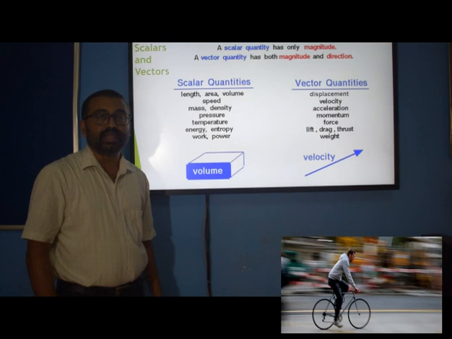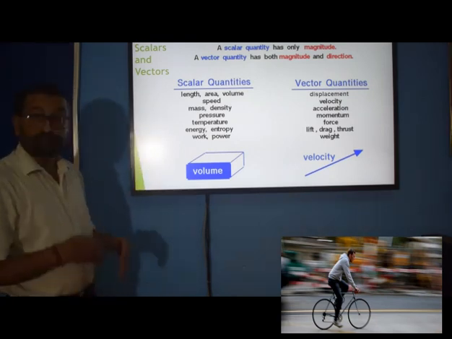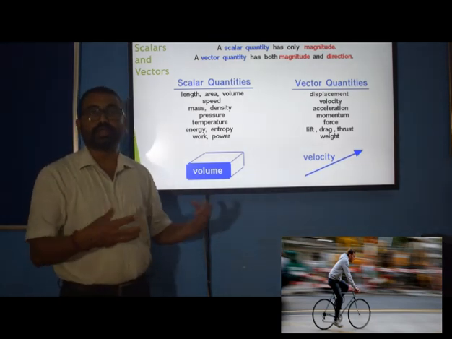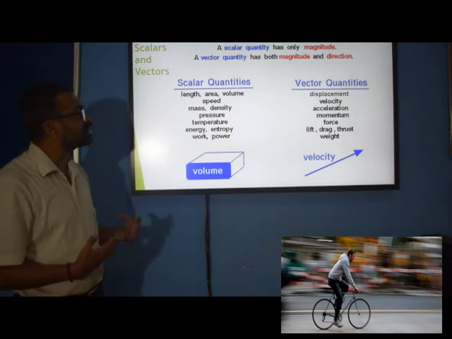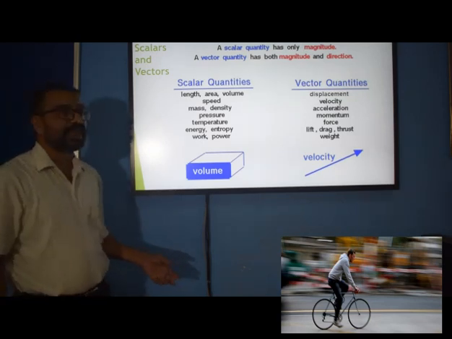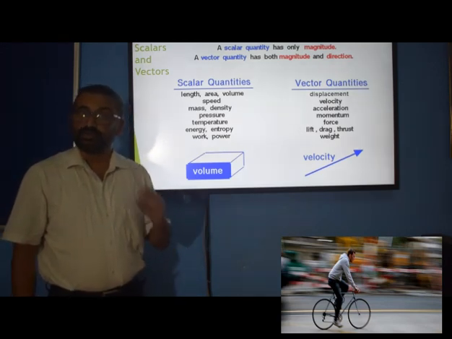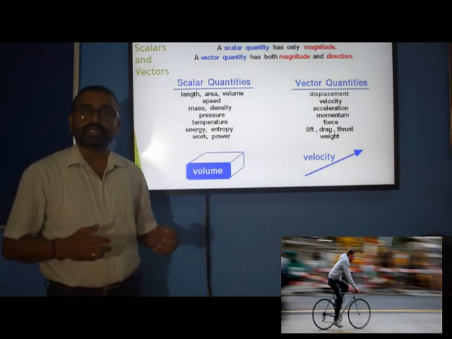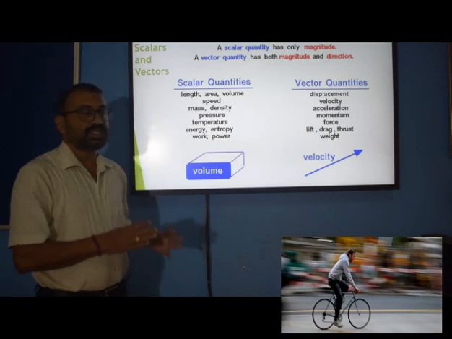Momentum is a vector quantity. Force, of course, is a vector quantity: in which direction we are pulling or pushing an object. Then lift, drag, thrust, weight, all these are vector quantities where we specify a particular direction. So vectors are quantities with direction, and scalars are quantities without direction.